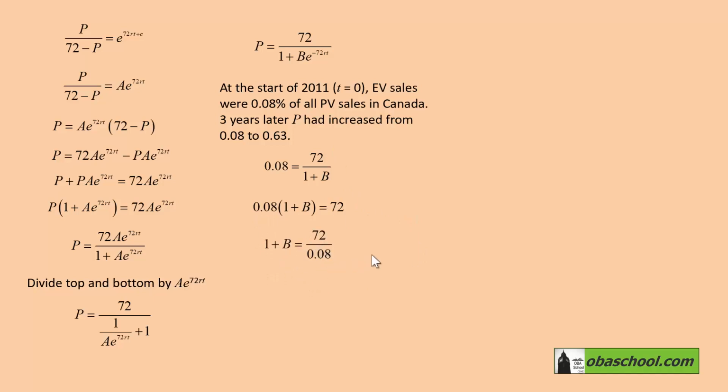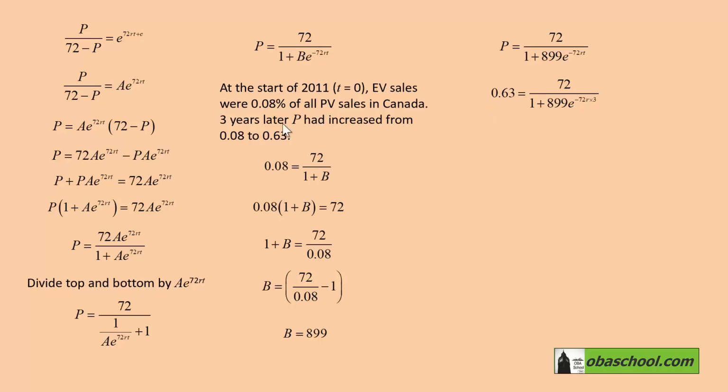And so 1 plus b is 72 over 0.08. And b is going to be 72 over 0.08 take away 1, giving us that b is 899. So we now have that p is 72 over 1 plus 899 e to the negative 72 RT.